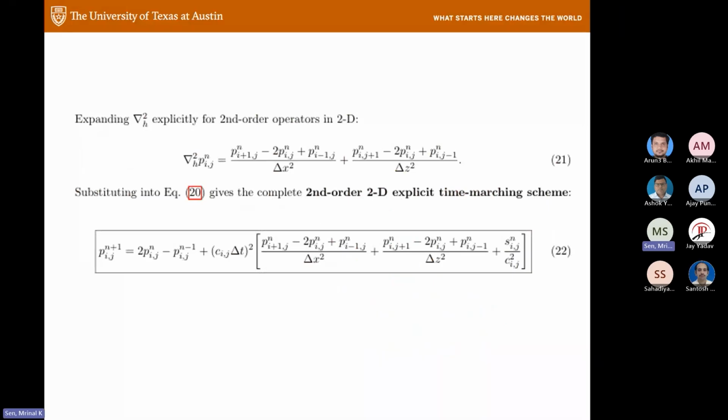And so now let's look at what happens to my second order wave equation, which is the most commonly used one. So here, let's say that I'm using a standard grid representation. So I can represent my field and the velocity.